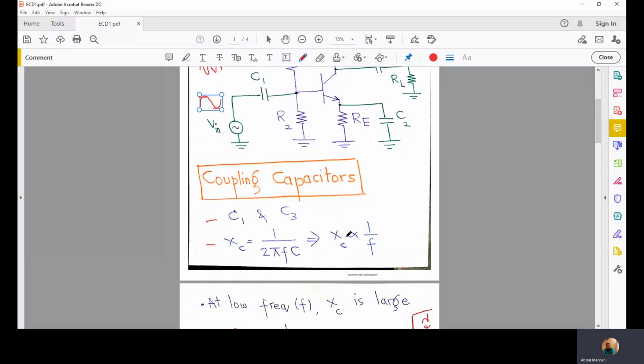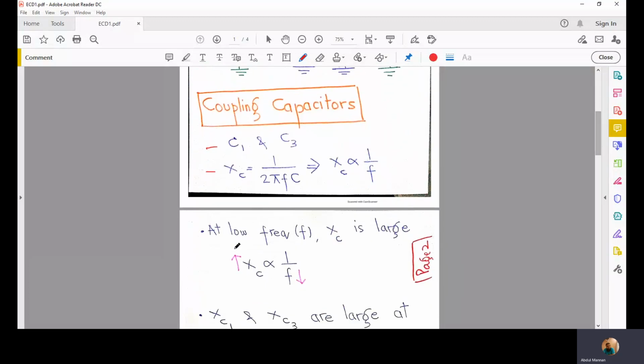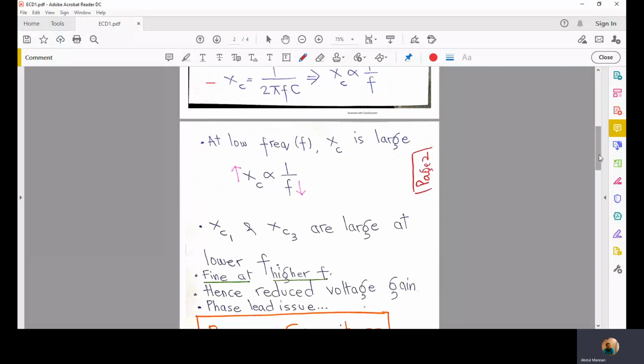This means Xc is inversely proportional to frequency. So at lower frequency, Xc is higher. This means at lower frequency, Xc1 and Xc3 are both large.